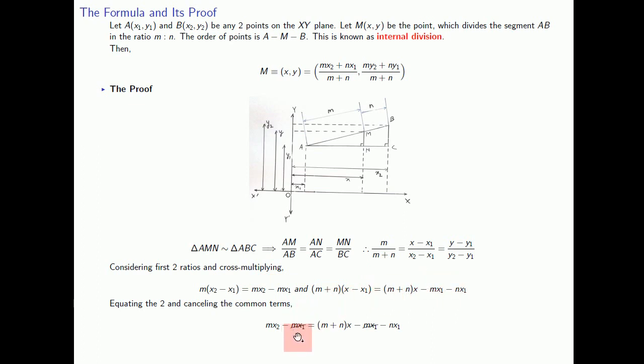Now both sides contain mx1 with a negative sign, so I can cancel them out. If you rearrange the terms, let me bring this minus nx1 to the left hand side, so it becomes mx2 + nx1, and then I can divide it by (m + n) to get the x coordinate. So the x coordinate of point M is (mx2 + nx1) upon (m + n).